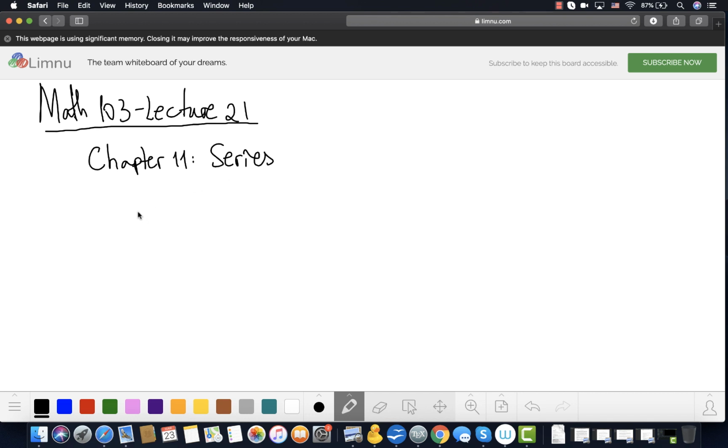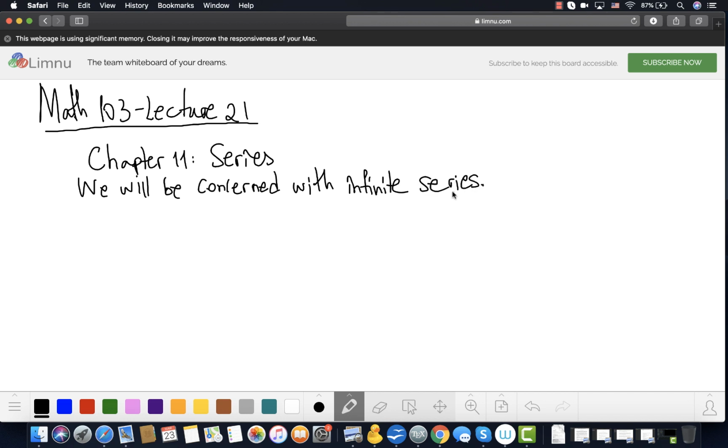Series is basically taking a sequence and summing up all the elements of this sequence. So in this course, we'll be dealing with infinite series. And what does this mean? It means the following. So we start with a sequence.